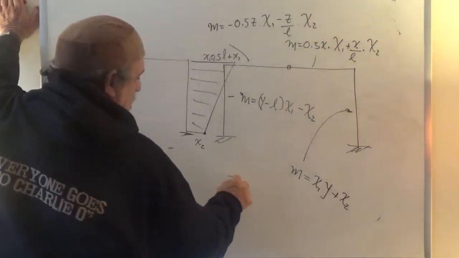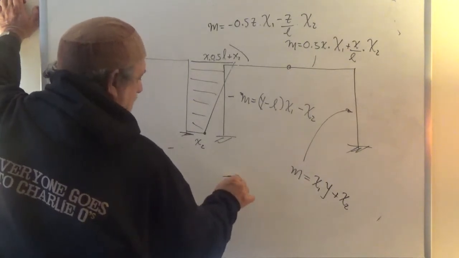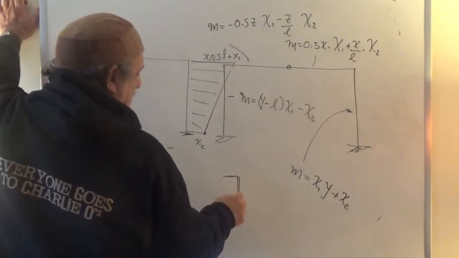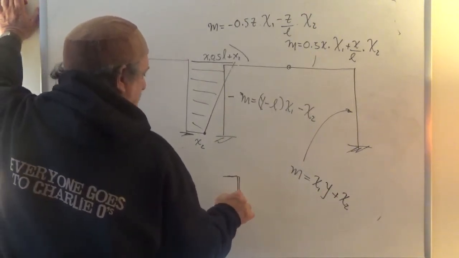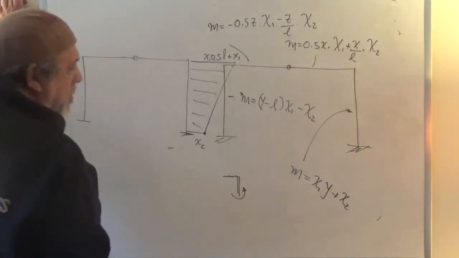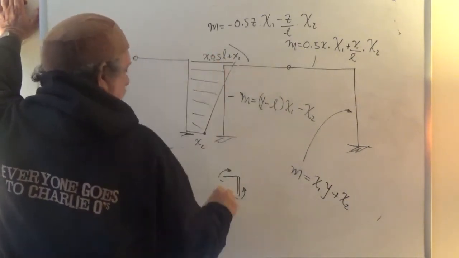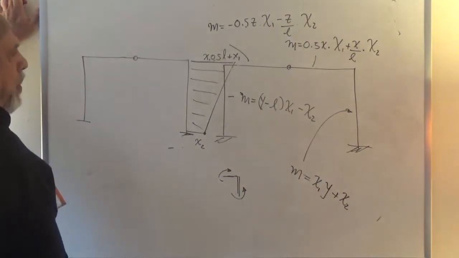Now, if you want to look at the corner, if you get confused about the signs, we know the signs, but that moment would be plus, meaning that it is compression on the outside, right? The way we did it. So it's like that. That means that counterclockwise, the moment when you turn around would be compression on the top.